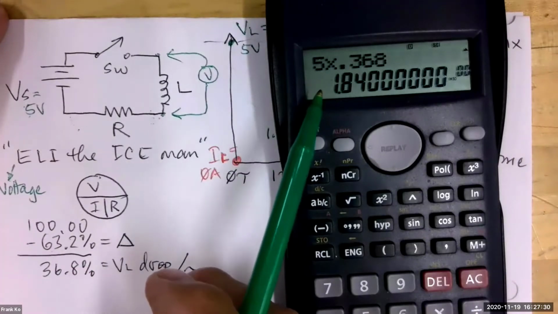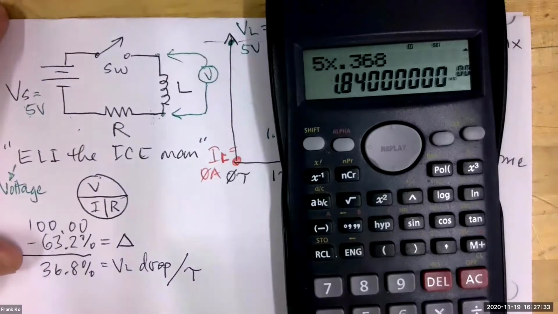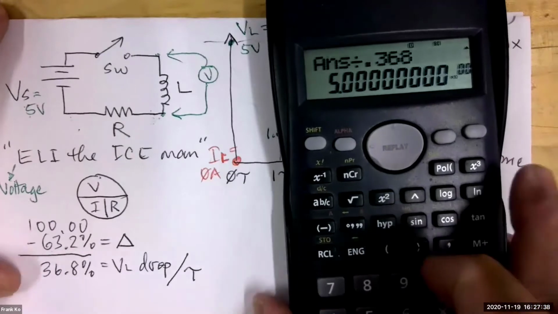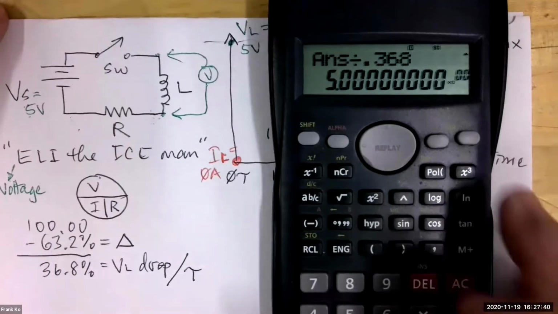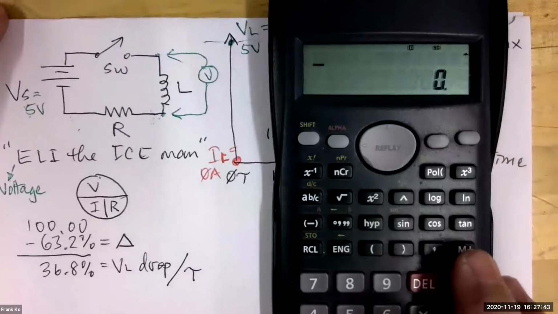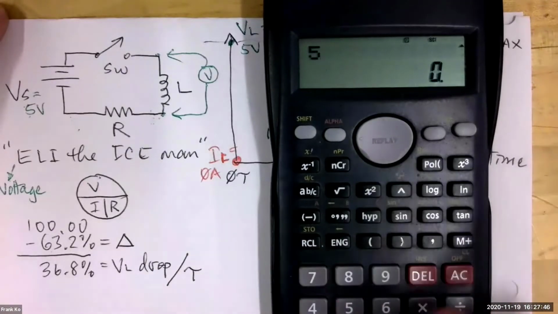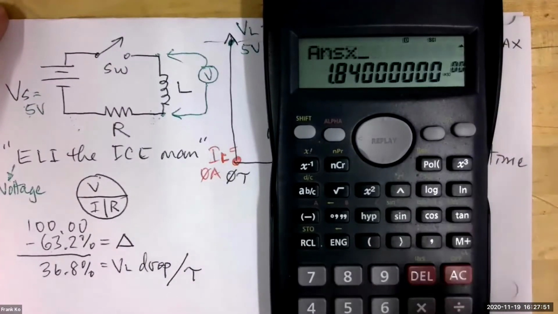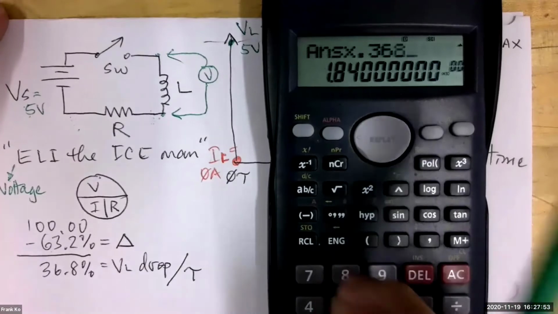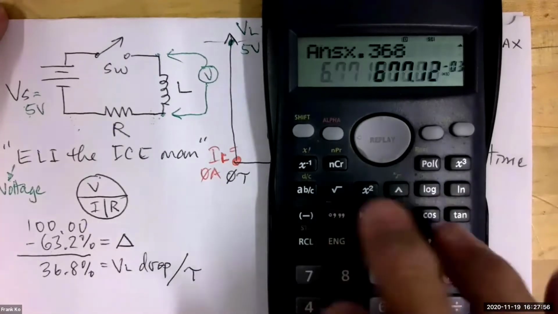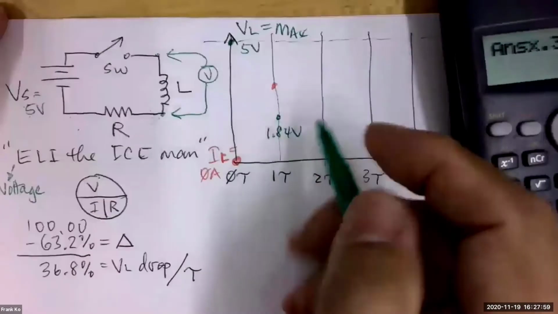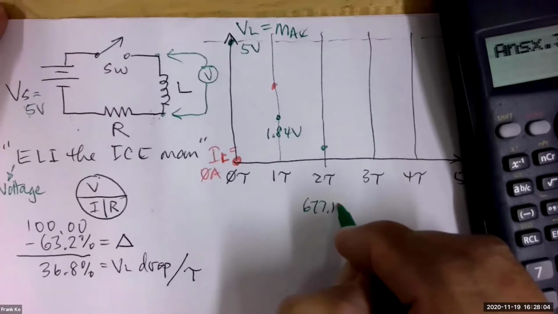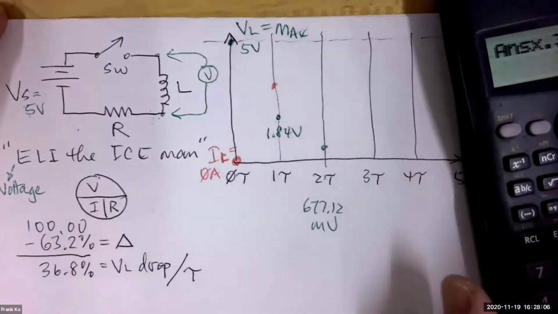And then within the next time constant, it'll drop down another 63.2% of that amount. But what will it drop down to? We will multiply by this decimal. So times 0.368. Oops, I did a divide. Silly me. Let's go ahead, clear. So we take the 5 times 0.368 equals the 1.84, times 0.368, and it drops down to less than a volt. It'll drop down to here, where this is now 677.12 millivolts.